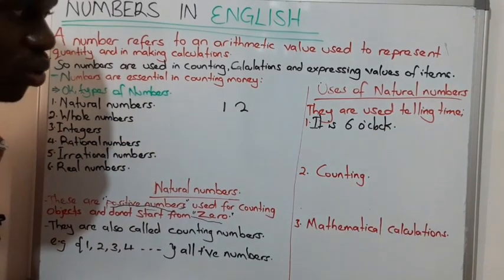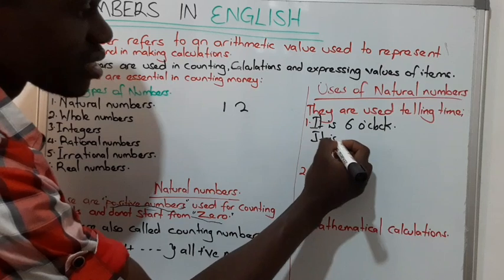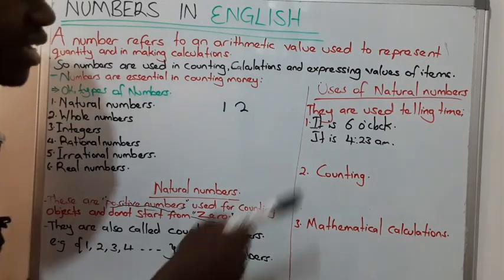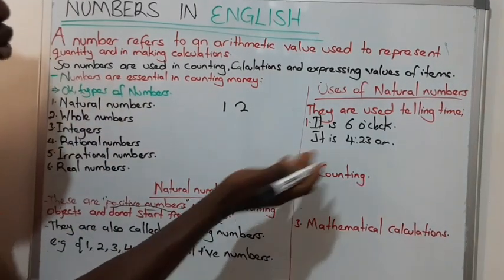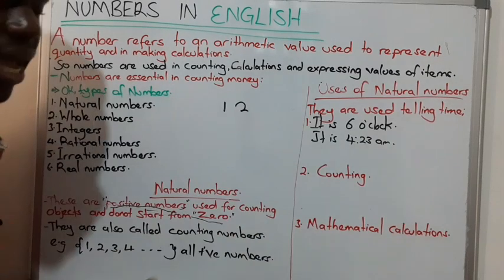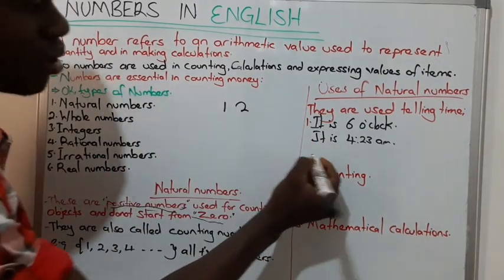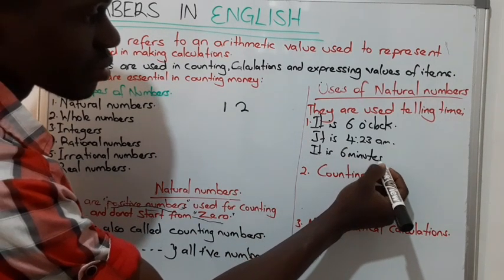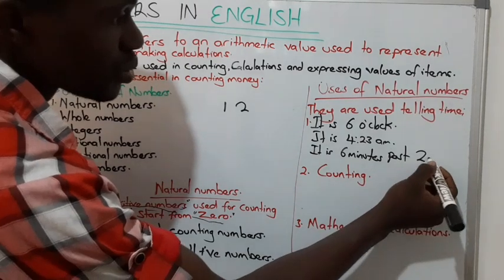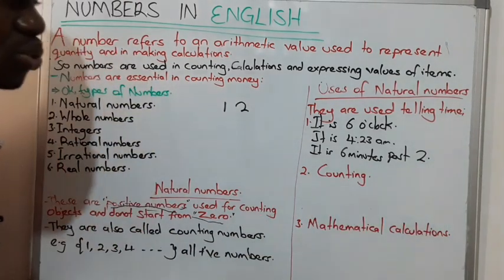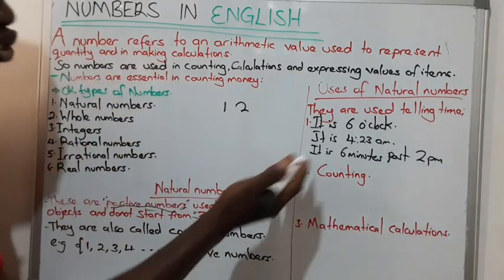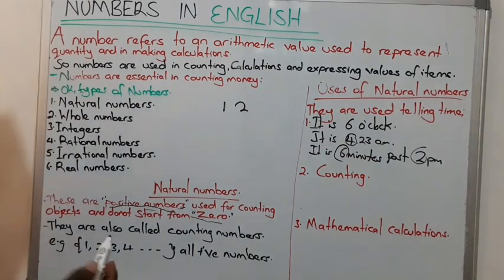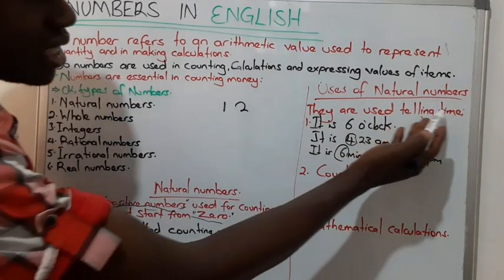Or it is 4:23 a.m. Another example, one can say it is 6 minutes past 2 p.m. or a.m. So you see, we use these numbers to tell time.